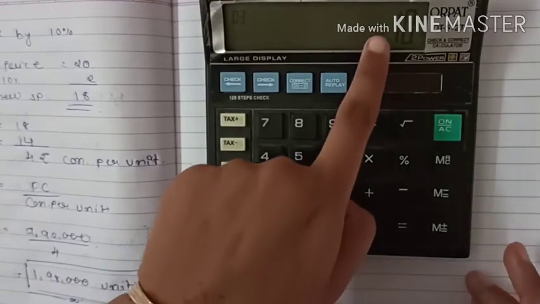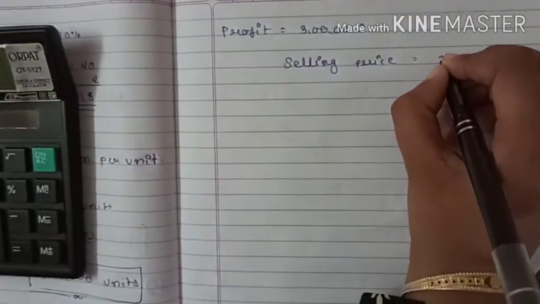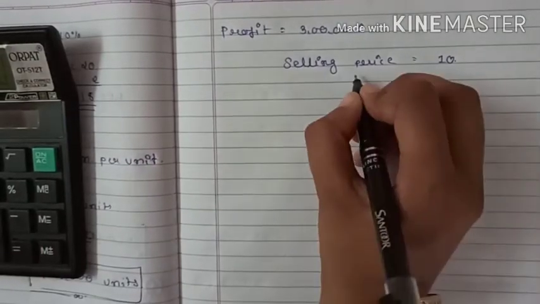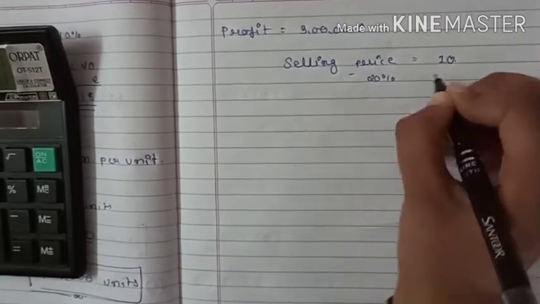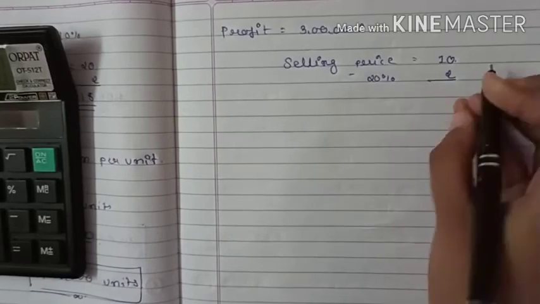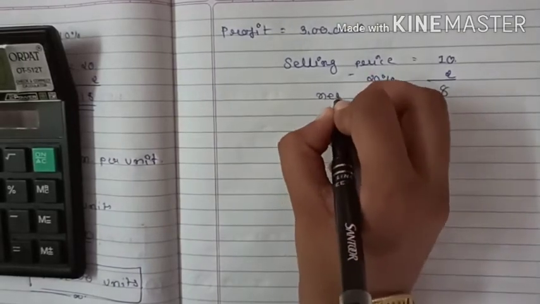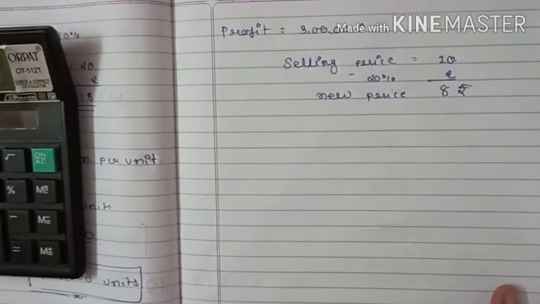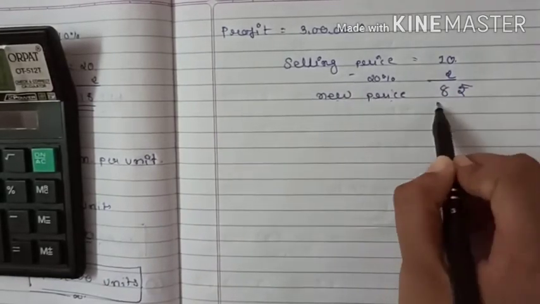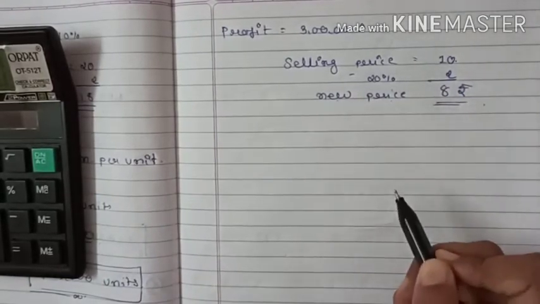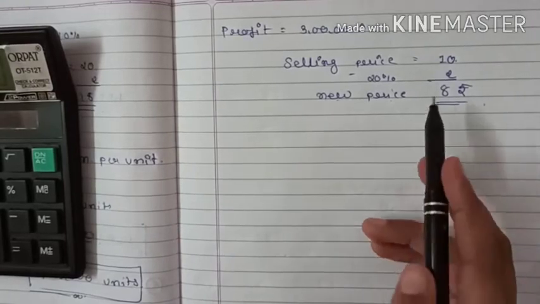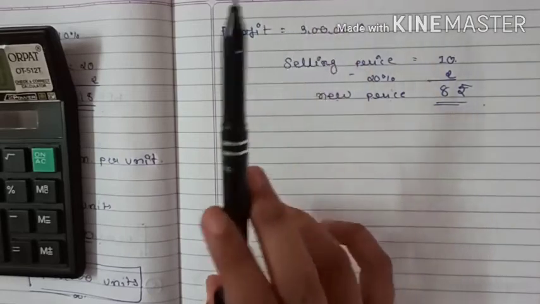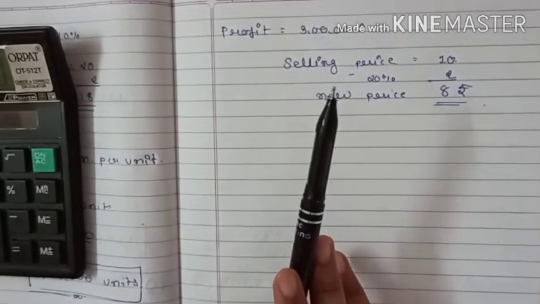Selling price would be 10 rupees. Now we are going to reduce it by 20%. So minus 20% reduction, it will come to rupees 2. The new selling price will come to 8 rupees, right? Now we have to maintain the 3 lakh rupees profit, so we have to find out the necessary sales.